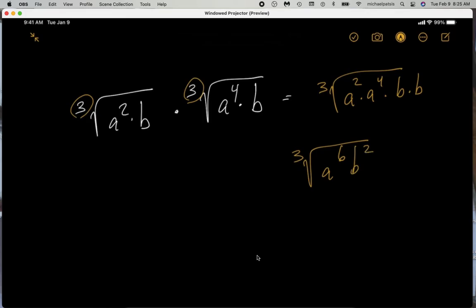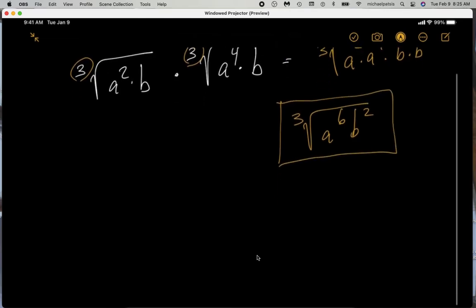Now, if you're asked to simplify this, it's really helpful to switch it back to the fractional exponent.